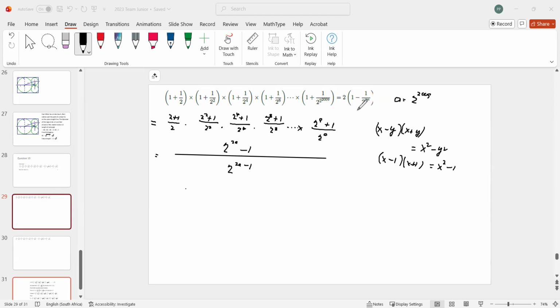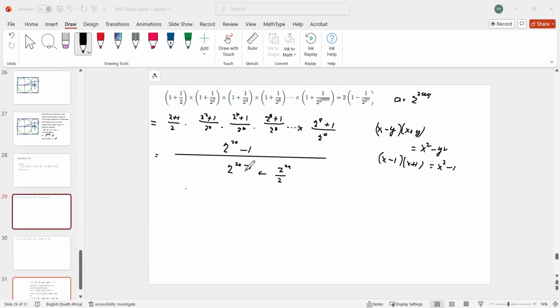Now, I want to come to this part here. I can see I'm nearly there, but I've got a 2 outside. If you look at this part here, this is equal to 2 to the power of 2a over 2. If you subtract the indices, you have 2a minus 1.